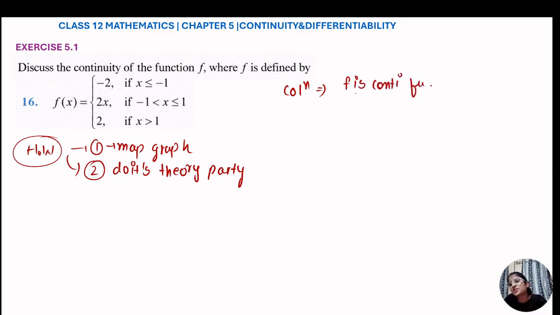Now use the definition of continuity also. To make your work simple, your domain here is the whole of R. So your homework is to make its graph and do its theory part, and I have given you the conclusion that the function is continuous. Use the definition of a continuous function to check whether you are doing these two parts right.